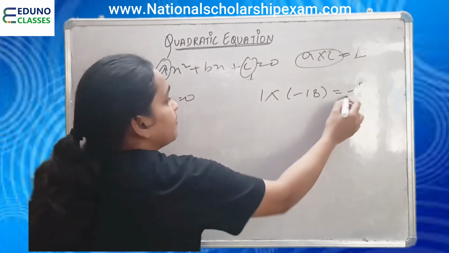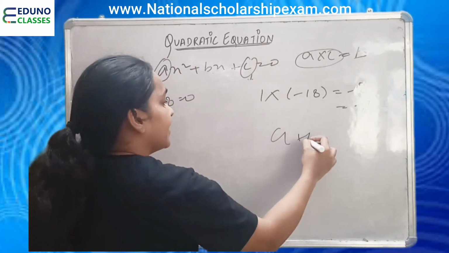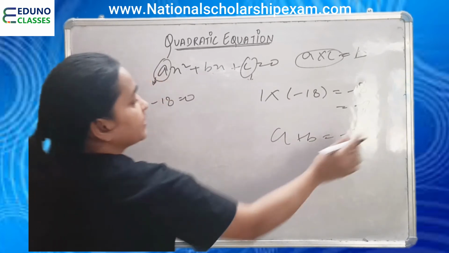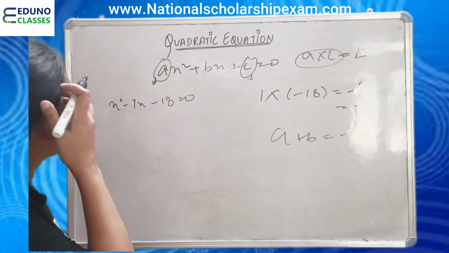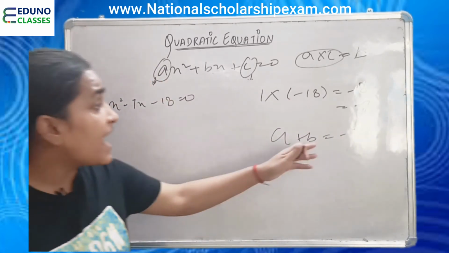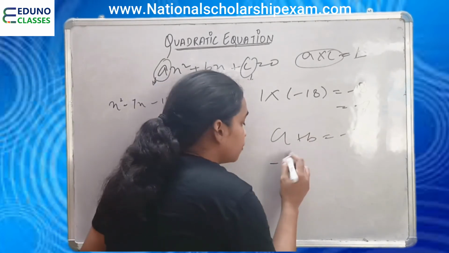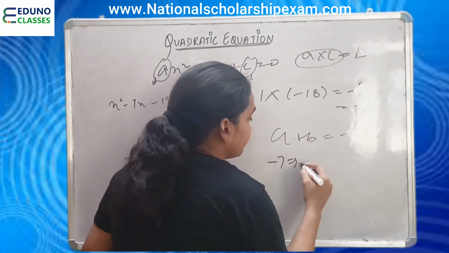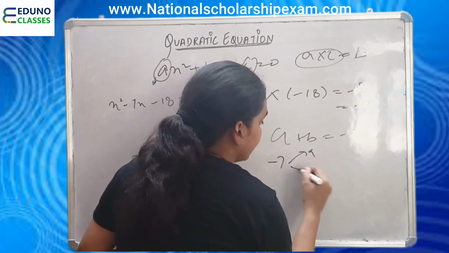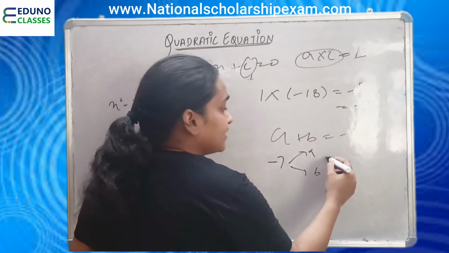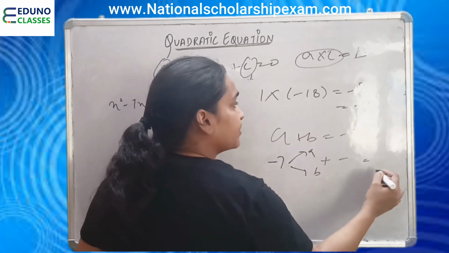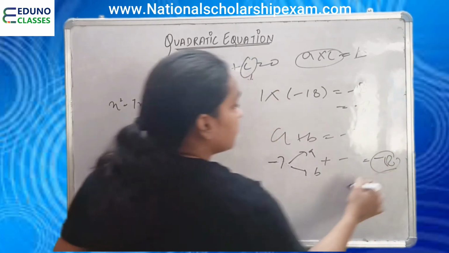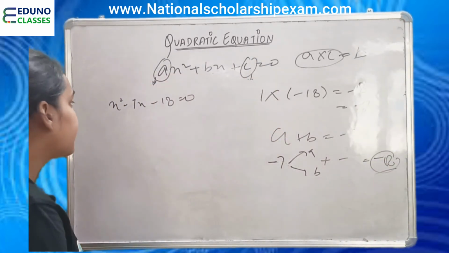I have to break minus 18 in two parts, say A and B, such that it equals minus 7. Or I can say I have to break minus 7 into two parts A and B such that its addition or subtraction gives me minus 18. Both ways I am saying the same thing.